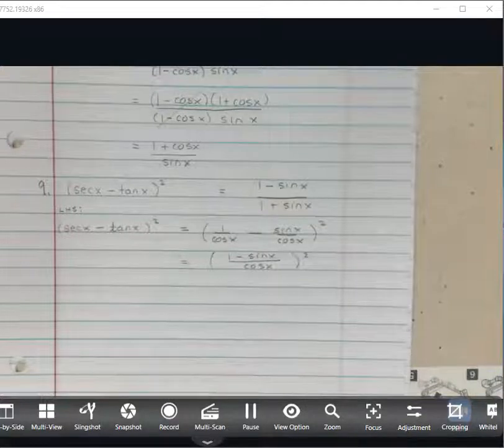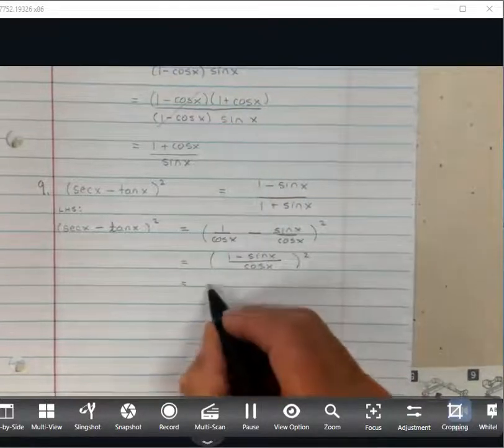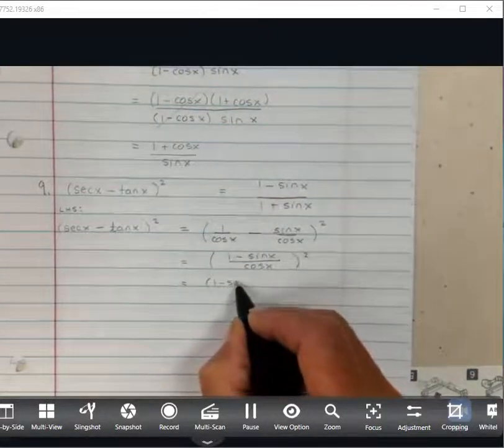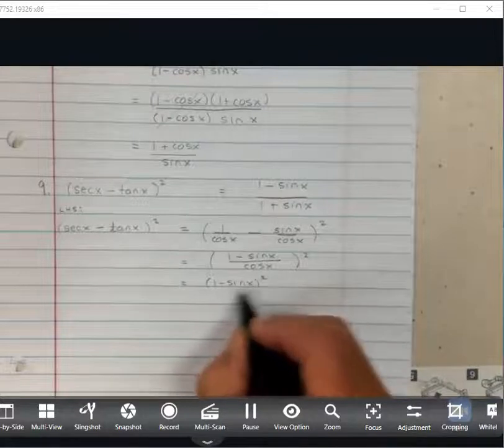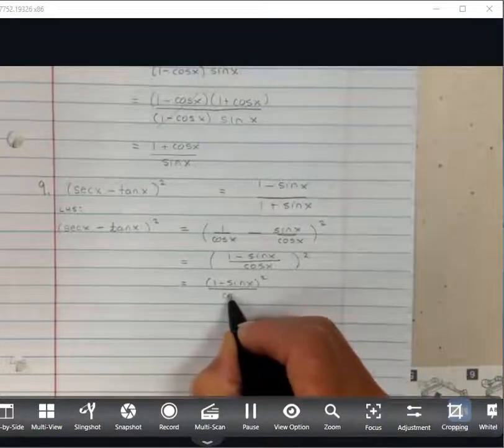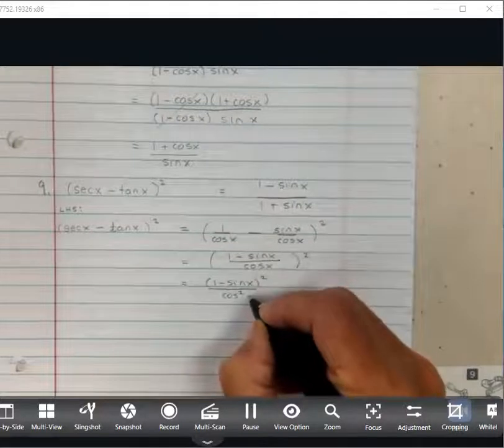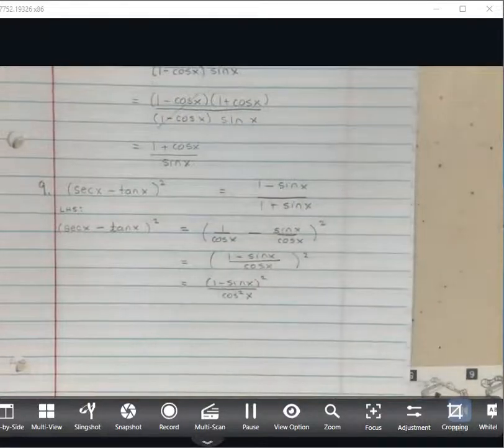When you square a fraction, you square the top and you square the bottom. So I'm going to write that as 1 minus sine of x all squared divided by the cosine of x squared. Squaring a fraction means you square the top and square the bottom.